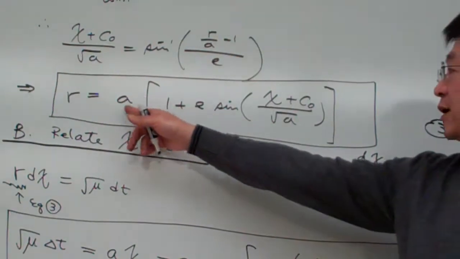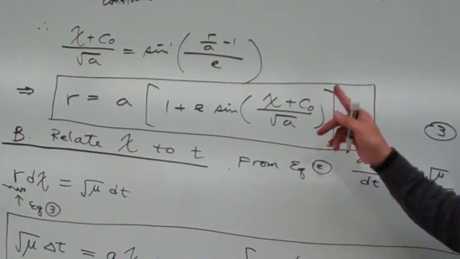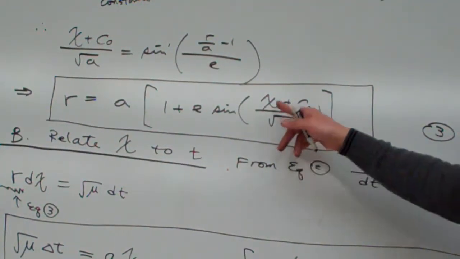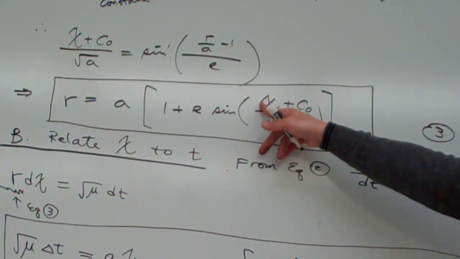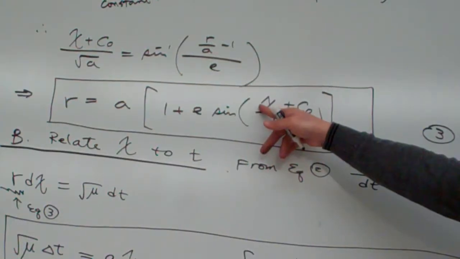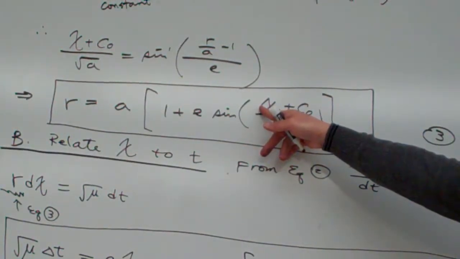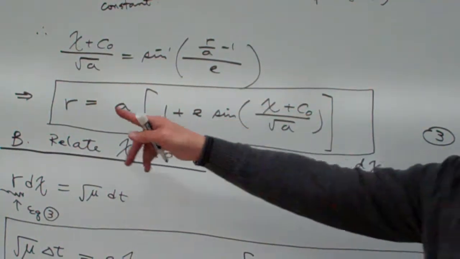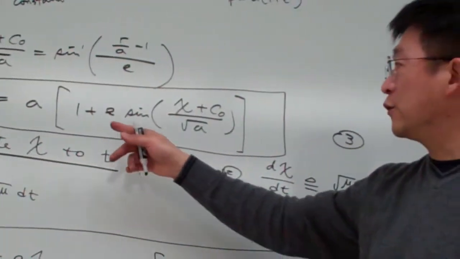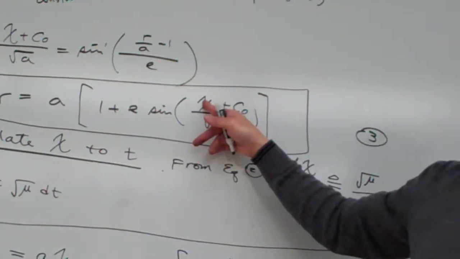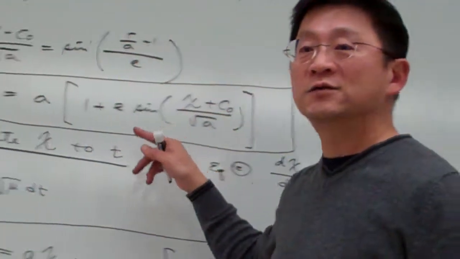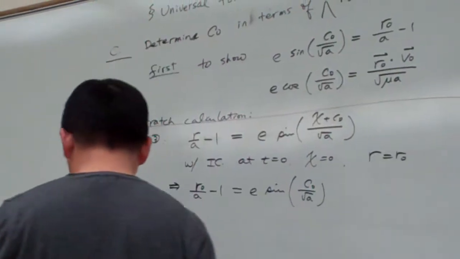A is constant, E is constant, and C0 is constant. The only thing dependent is cos C, which we define as a time-dependent variable. So if we do the derivative on this equation, it's very straightforward. We simply take the chain rule into sine and then chain rule to here. Okay? So that is the result we have.